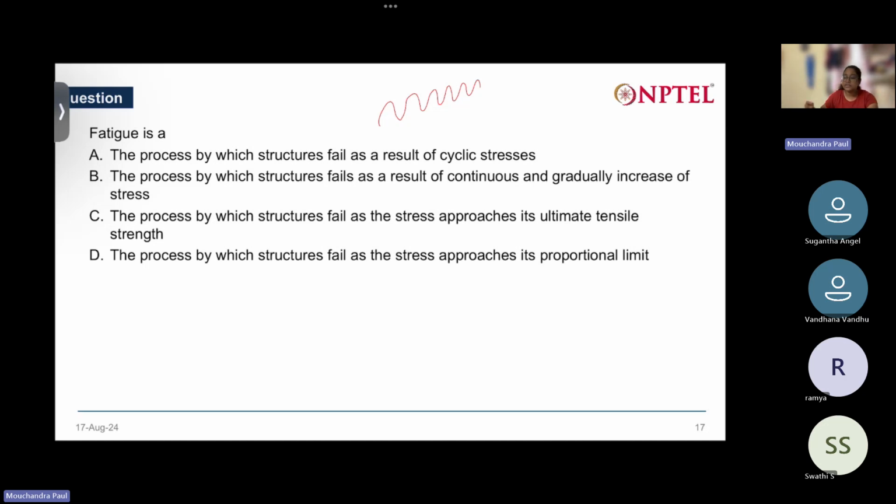So that is a type of fatigue load that the material experiences. So we also quantify what is the maximum fatigue load that the material can withstand.